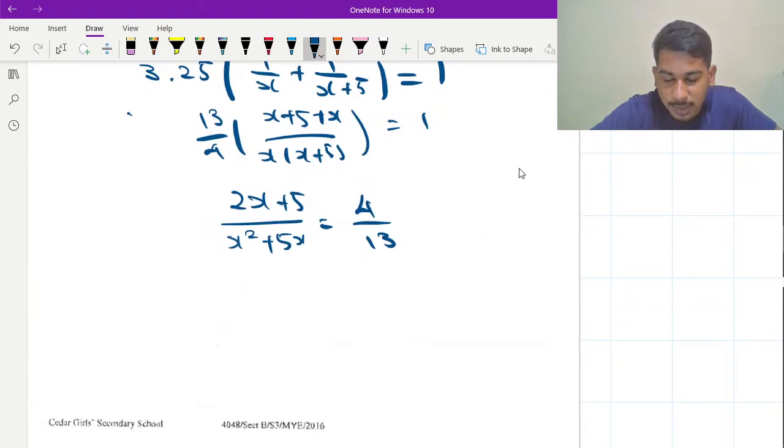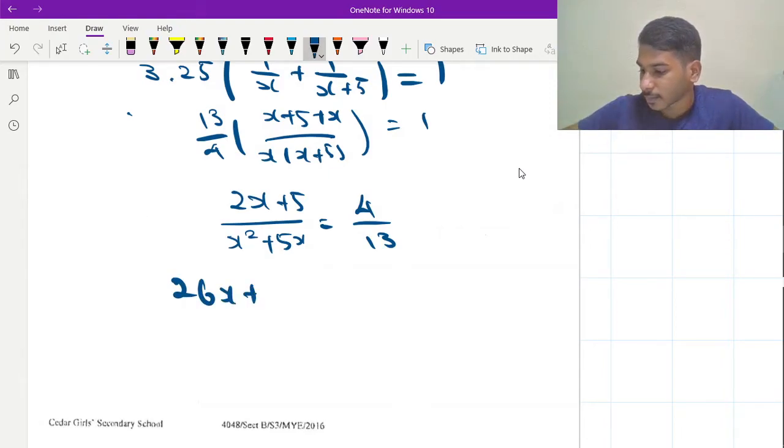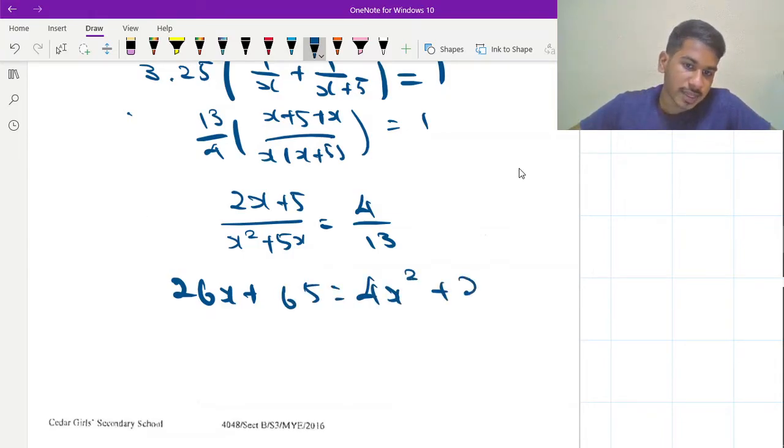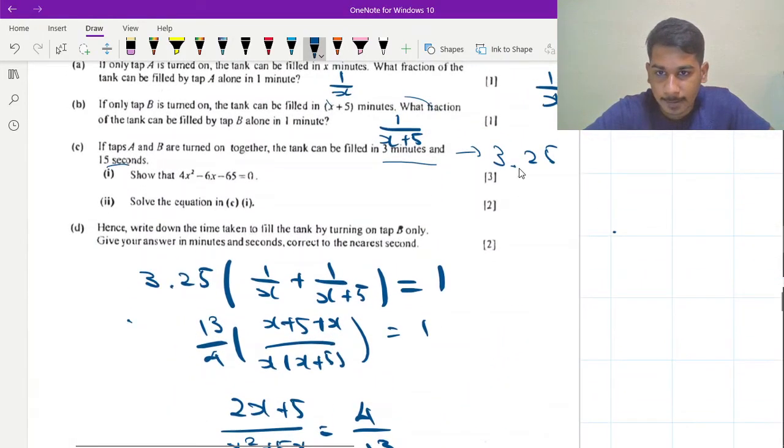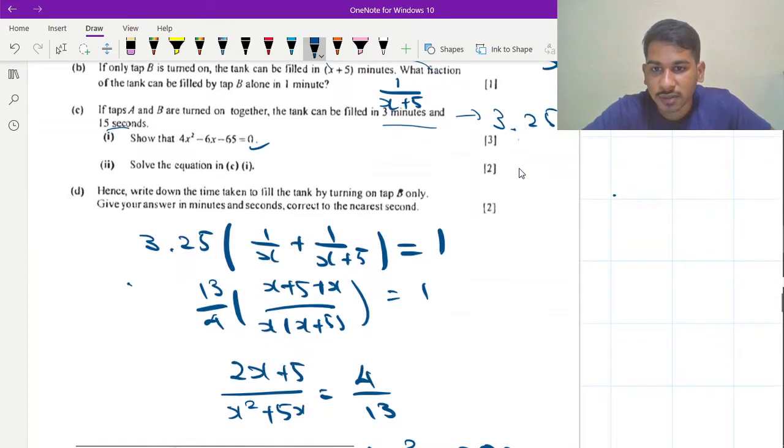Then 13 times 2 is 26x plus 5 times 13, which is 65, equals 4x squared plus 20x. Hopefully that should be correct. 4x squared minus 6x minus 65 is equal to 0. Bingo, done. Solve the equation.